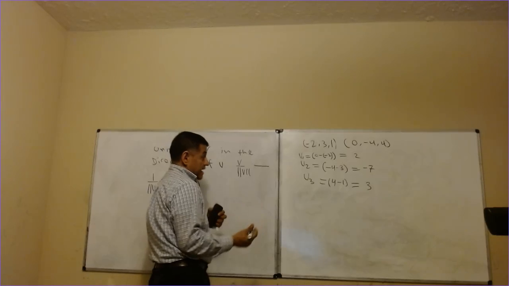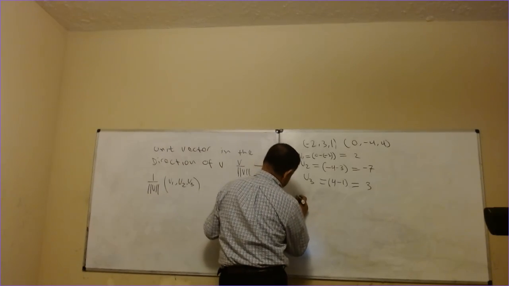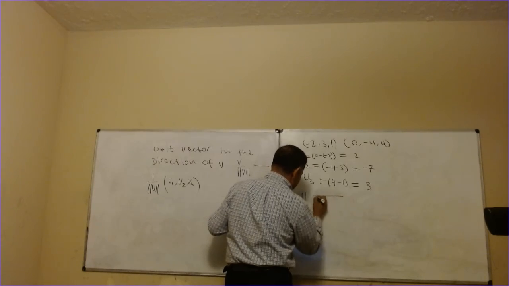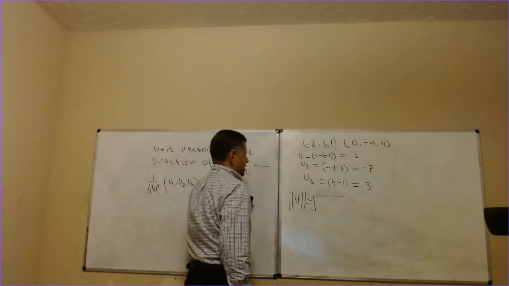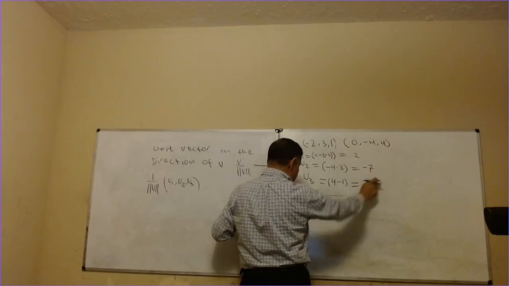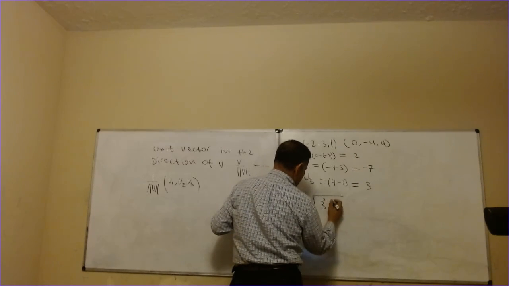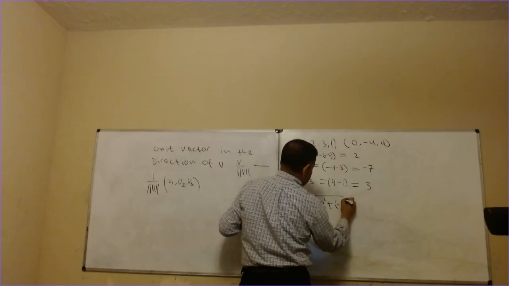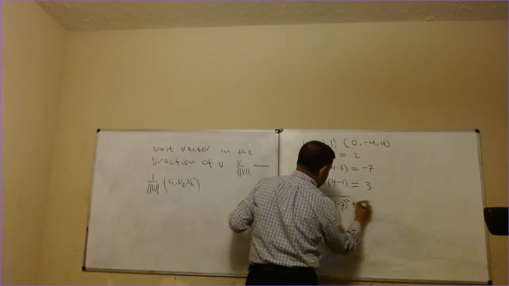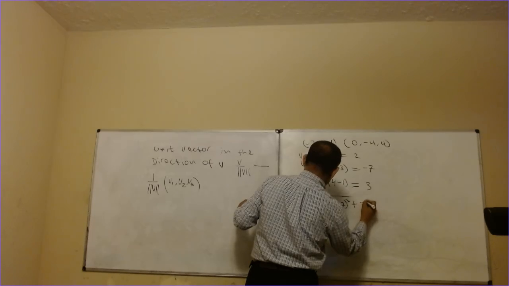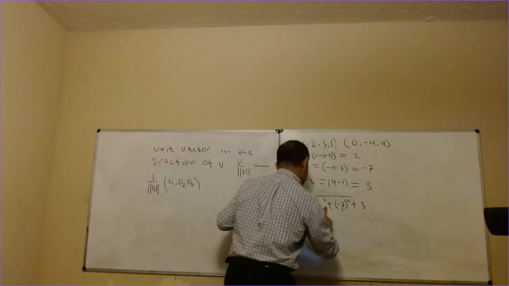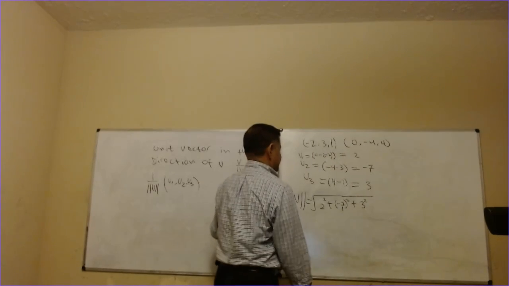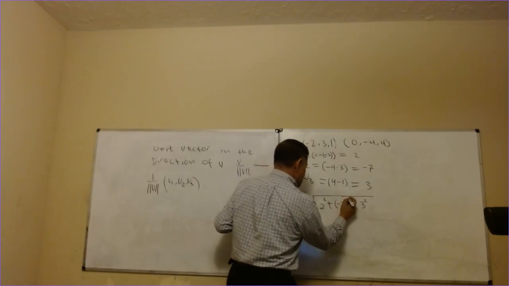So this one is going to be the square root of these three values: 2 squared plus (-7) squared plus 3 squared.